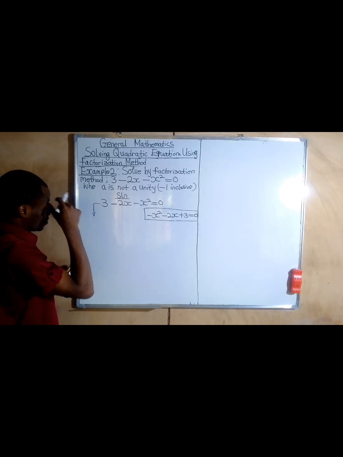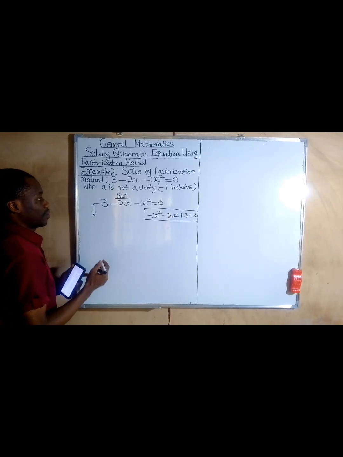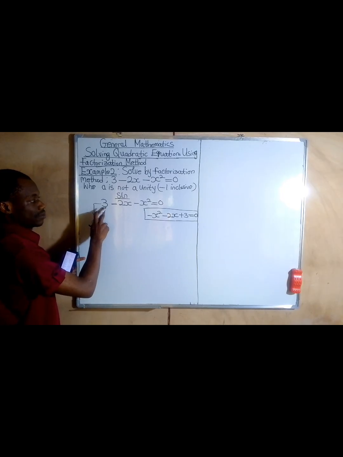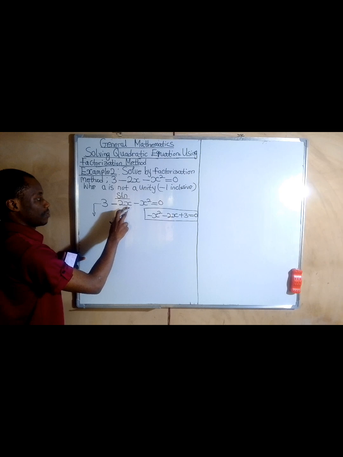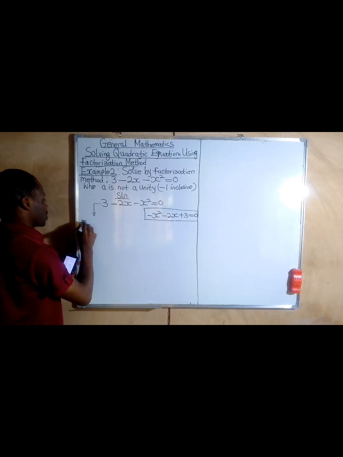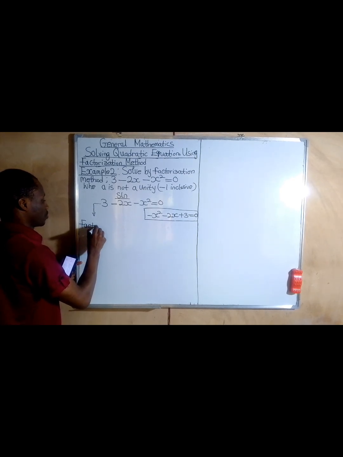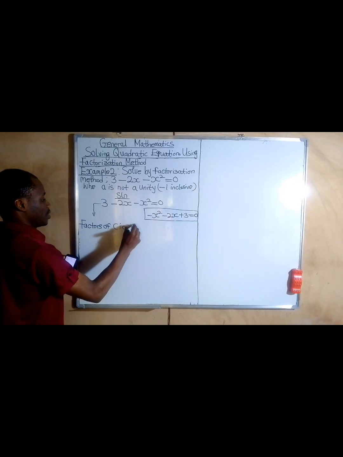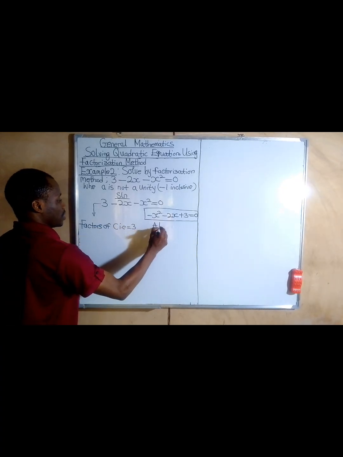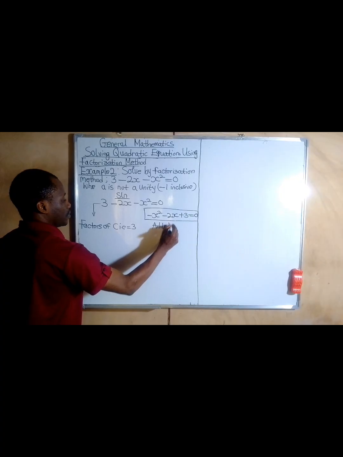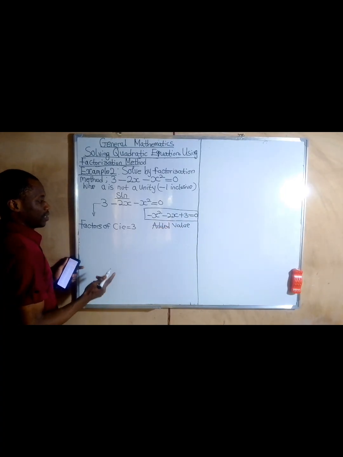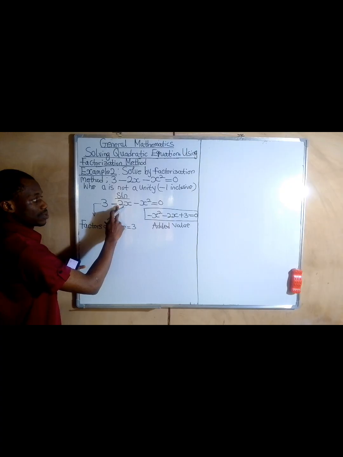So to solve this, remember we are going to look for factors of the last term. Factors of c, when added, will give us what? Minus 2. So we say factors of c, that is 3, then the added value. To not waste my time, I know that here is minus 2.